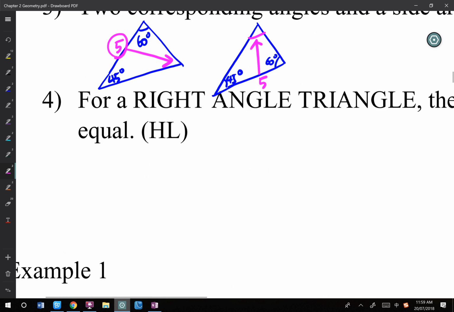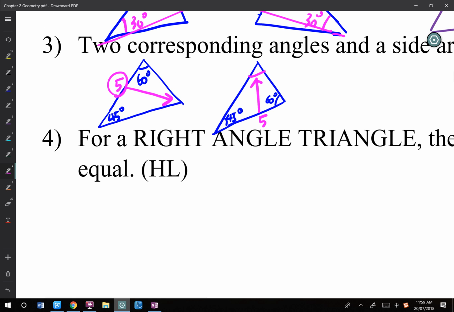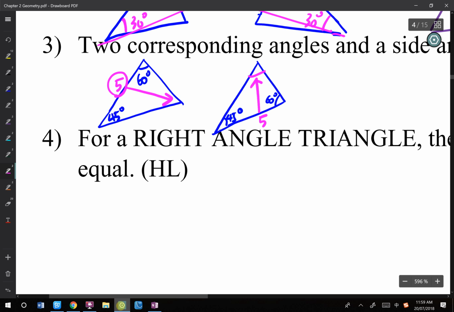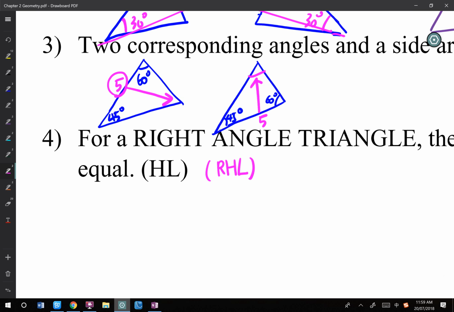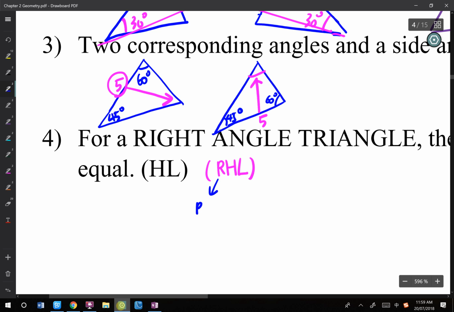And the fourth one, I think the book calls this HL, and I like to call it RHL because everything needs 3 conditions. I like to call that RHL. What's RHL? R represents right angle. What does H represent? That's hypotenuse.